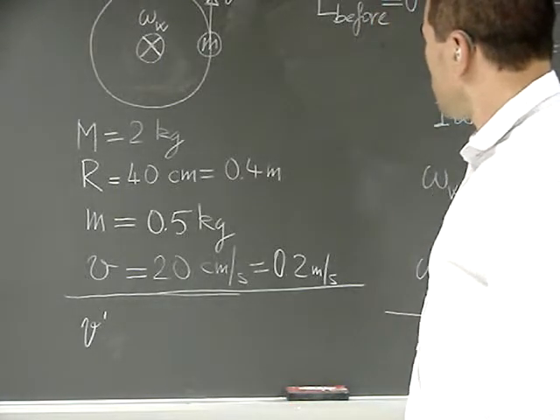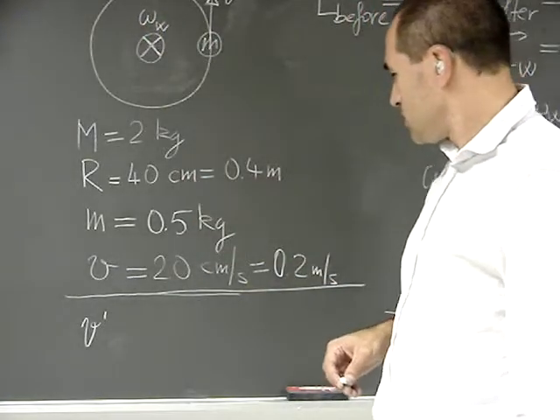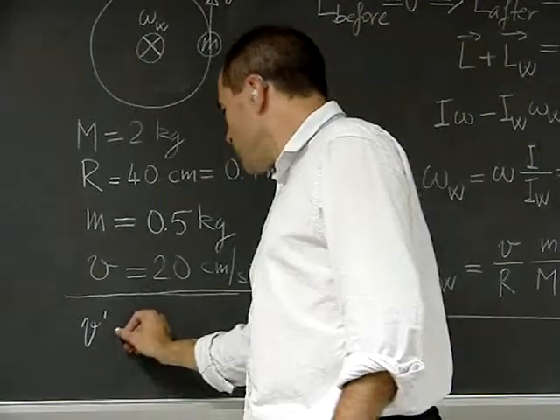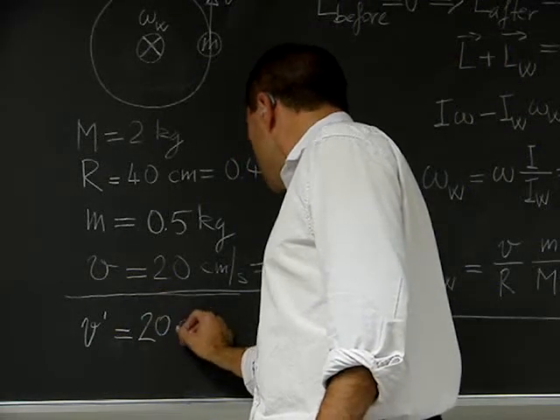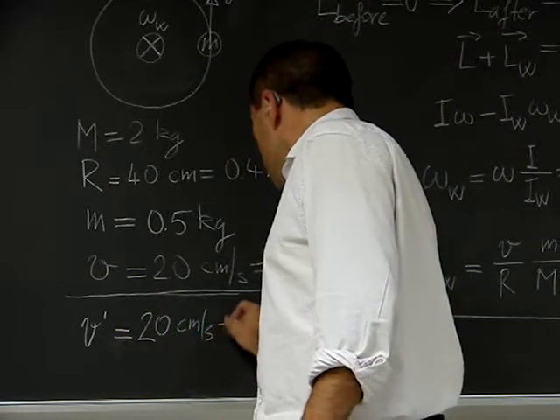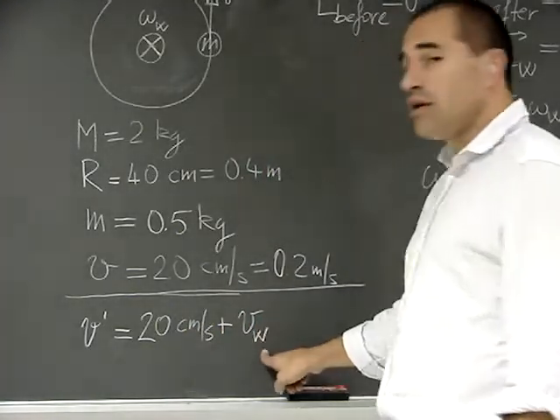We have to calculate how fast the wheel is rotating. So that's going to be whatever we had before, which is 20 centimeters per second, plus the speed of the wheel.